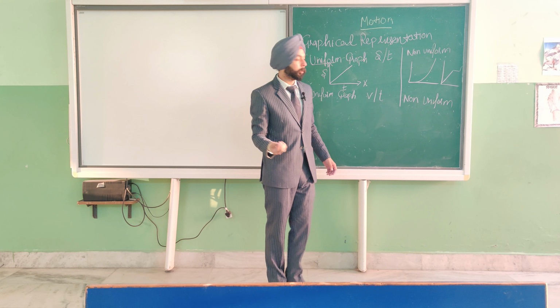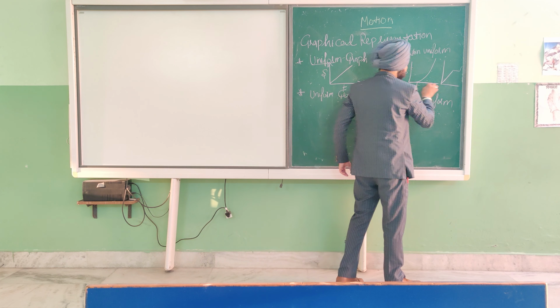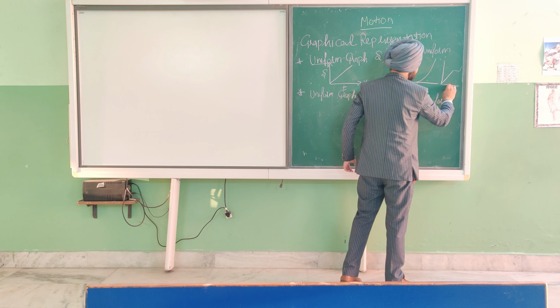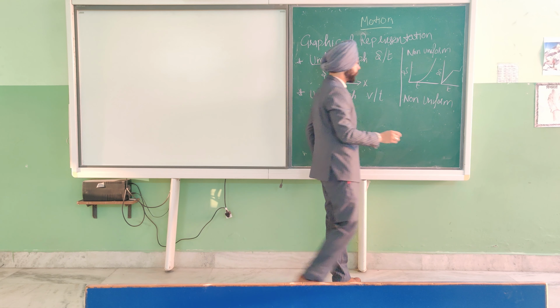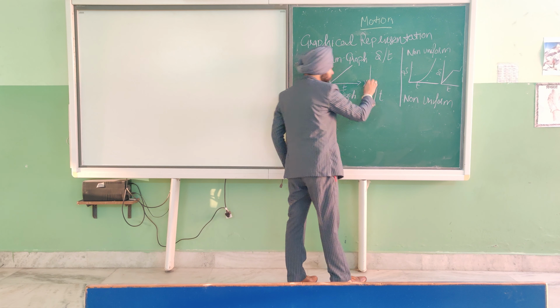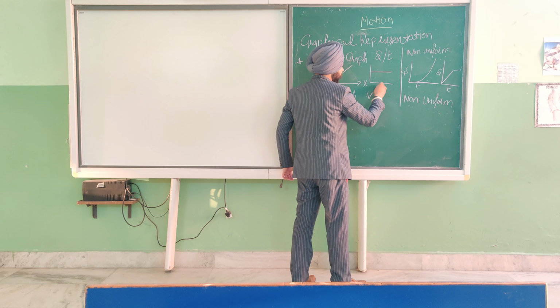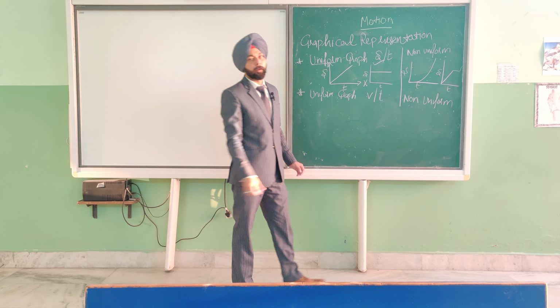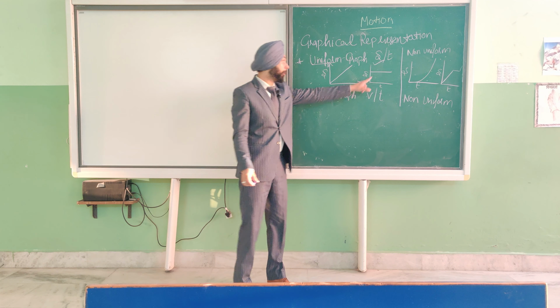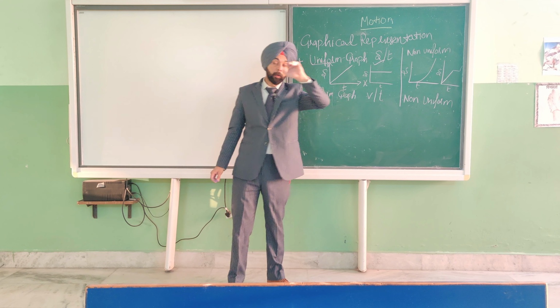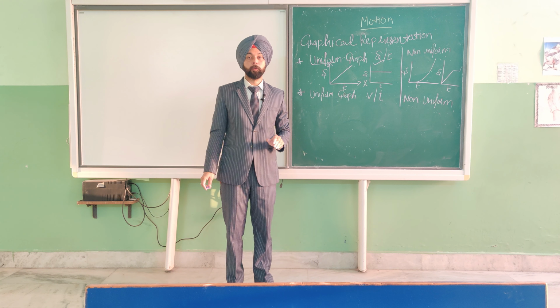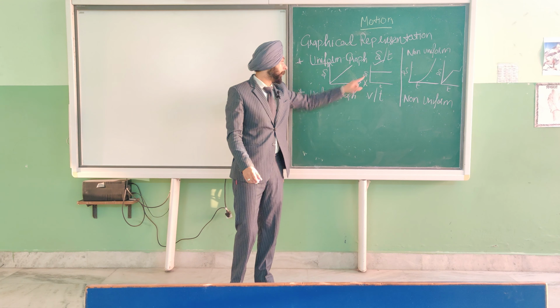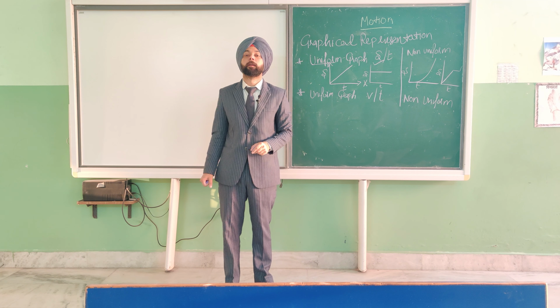There are two types, meaning it will not be straight. Another one, if the body is at rest, then this graph represents it. This graph will also be introduced in velocity time for uniform velocity, but in distance time it means the body is at rest.